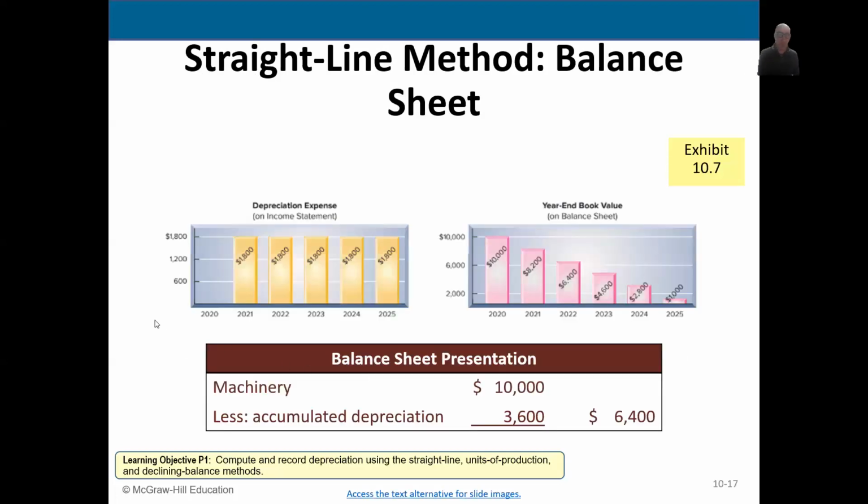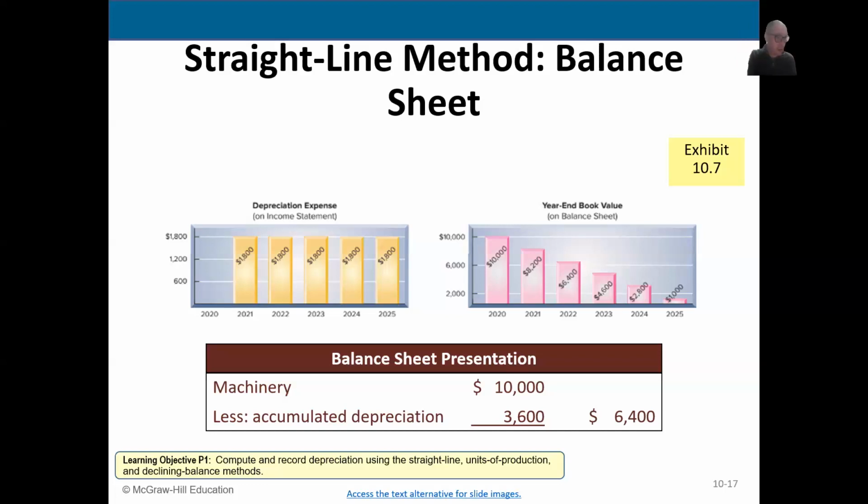So on the balance sheet, every year for 5 years, we reduce the value of the machinery $1,800. You see, straight line. That's why we call it that. On the right side, we see the balance decreasing every year by that $1,800.